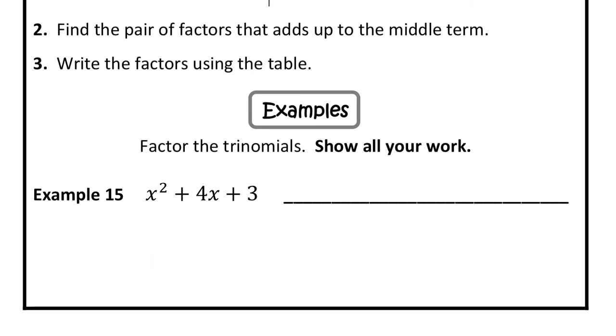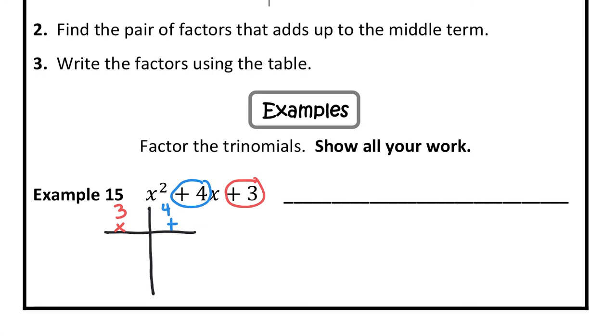If the special case method doesn't work, then we have to think of another method to use. And so what we come up with is making a table where on one side we're looking to multiply to give me the last term, multiply to give me 3, and add to give me the middle term, 4.